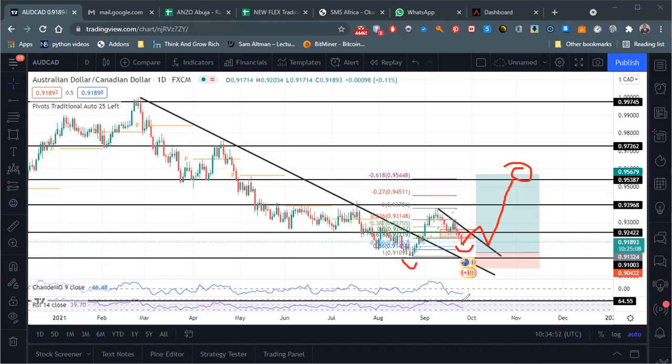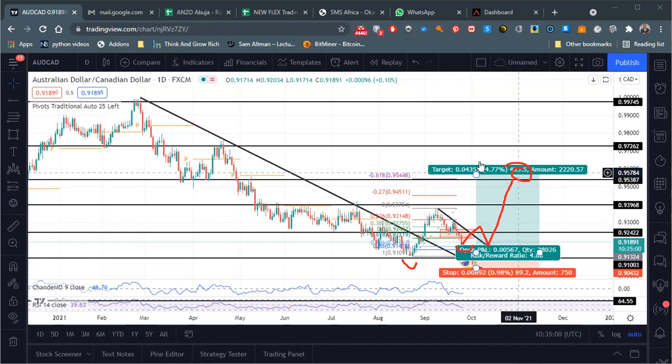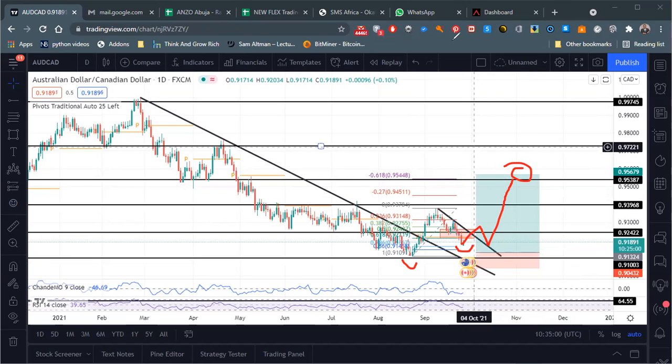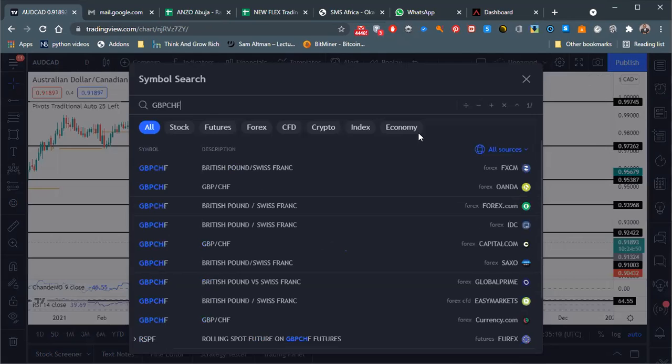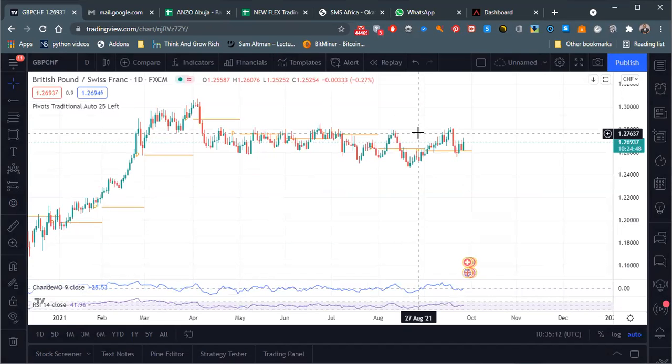Okay, so I think I have one more pair to go before we call it a wrap. Let me just clean up most of these drawings here. Okay, so pound Swiss is one pair to watch also.